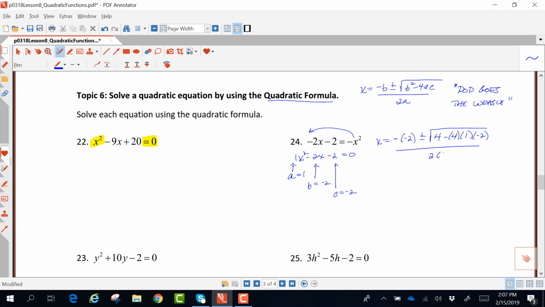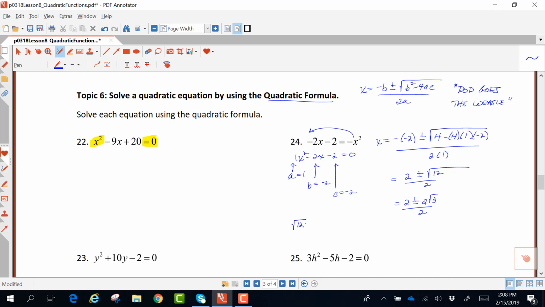all over 2 times a. This is now a positive 2 plus minus the square root of 4 plus 8, which is 12, all over 2, which is 2 plus minus 2 square root of 3 over 2.